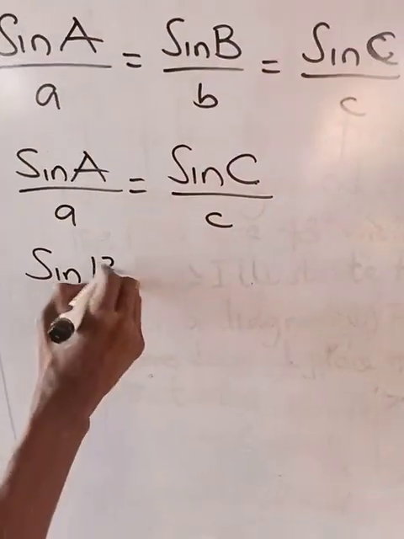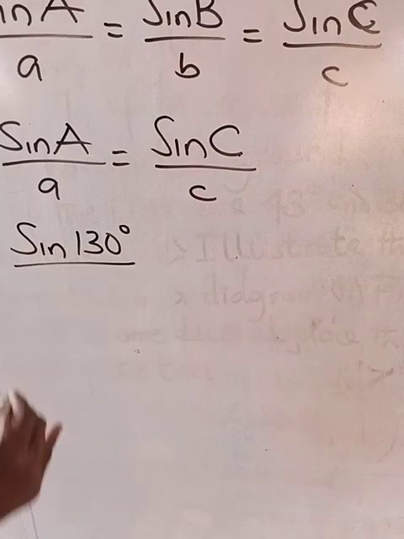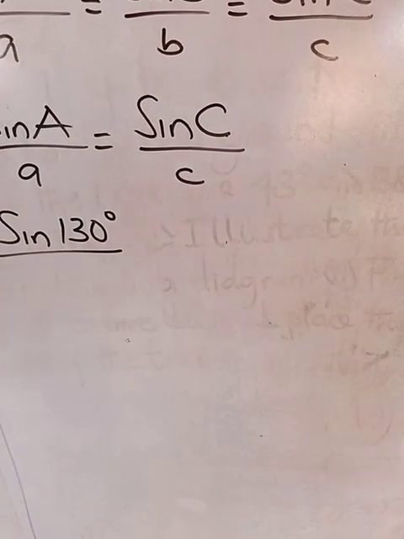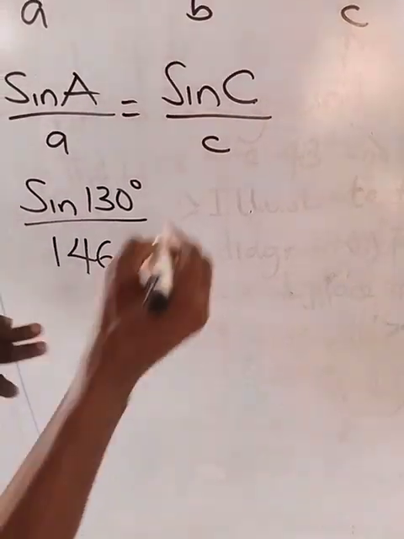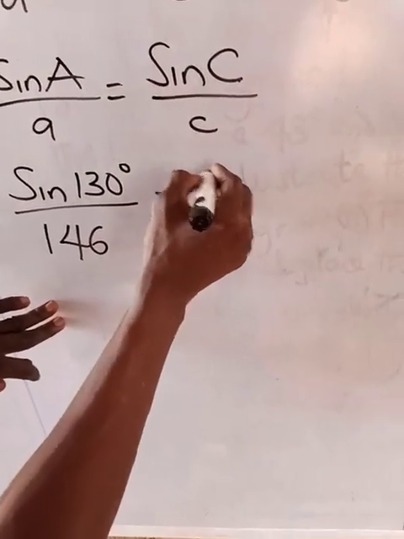Sine A is sine 130 over A. Side A is what we have just gotten, that's 146.